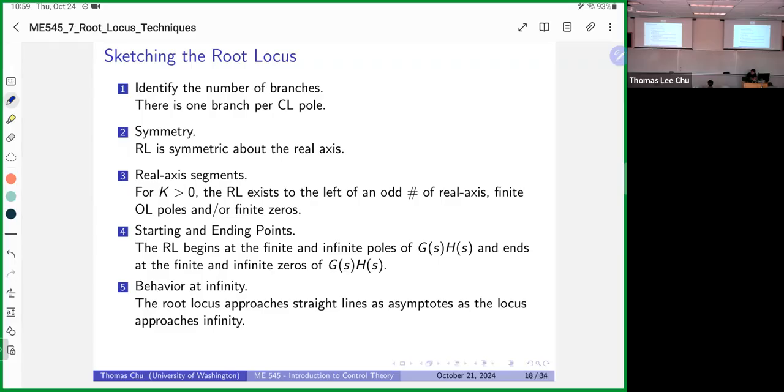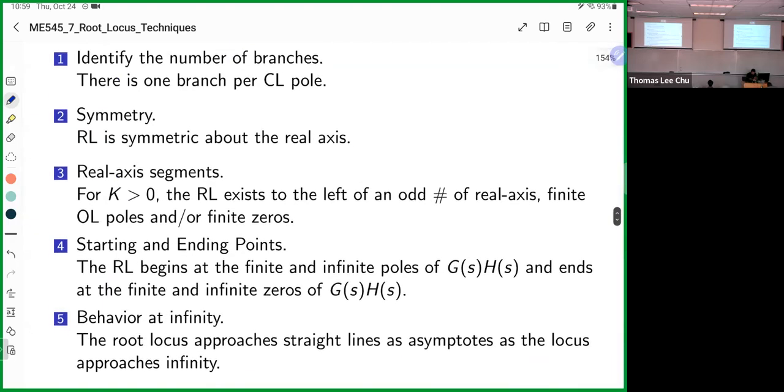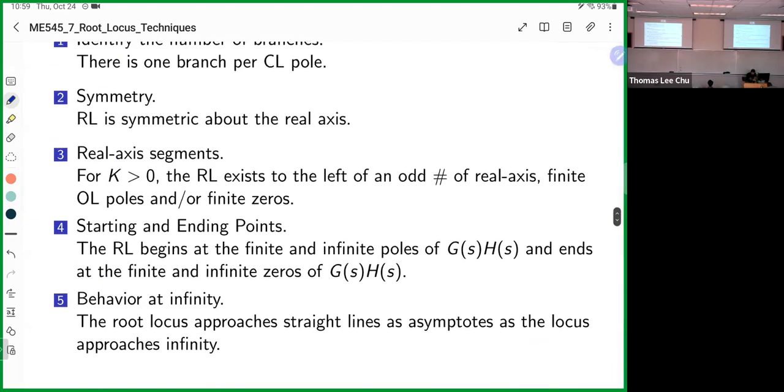Starting and ending points: the root locus begins at the finite and infinite poles of GH and ends at the finite and infinite zeros of GH. We'll also talk about what infinite poles and zeros mean.